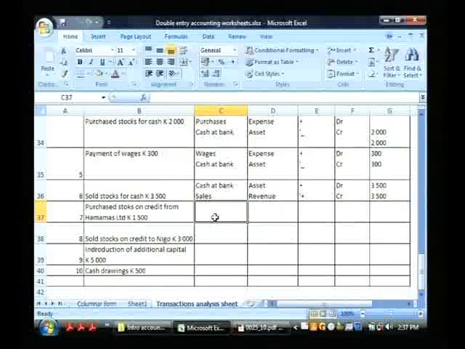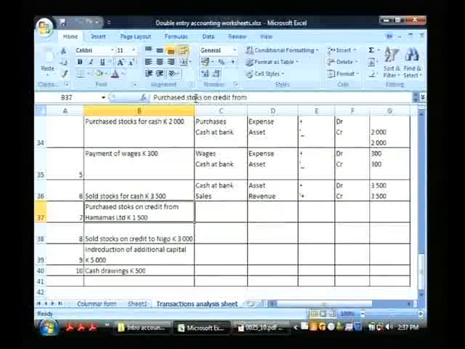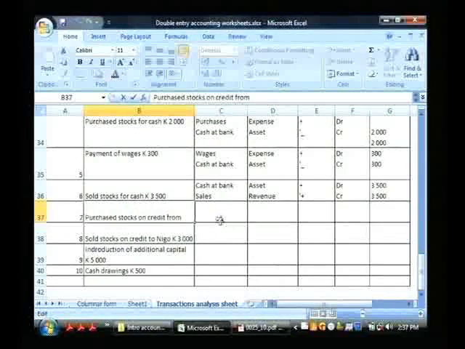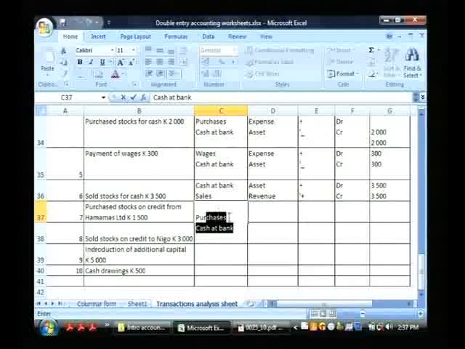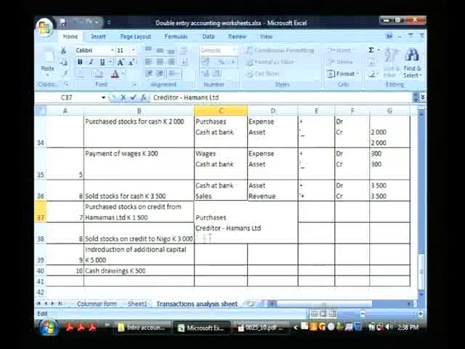Purchase stocks on credit from Hamamas Limited. So therefore, stocks means purchases, and creditor, purchased on credit, therefore creditor, Hamamas Limited.